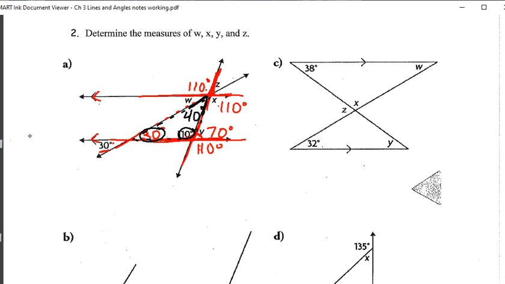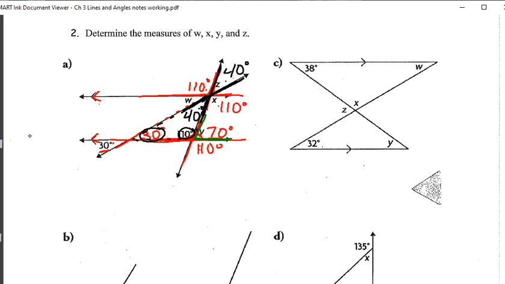All sorts of relations. And this 40 degrees, look at this. It's made up of those two lines that intersect. 40 is opposite Z, so Z is 40. And now we're left with W. Well, W, a little bit tricky, but look here, 70.